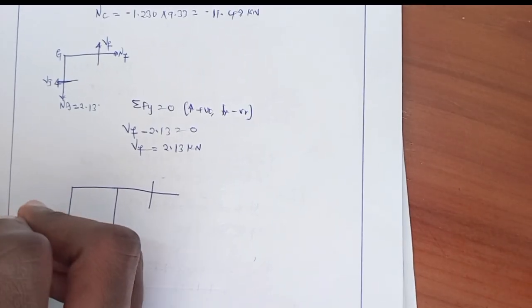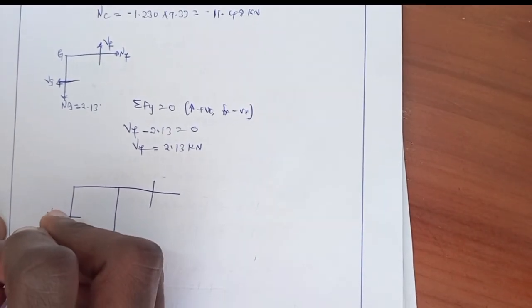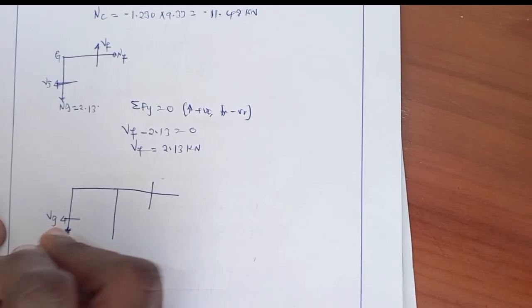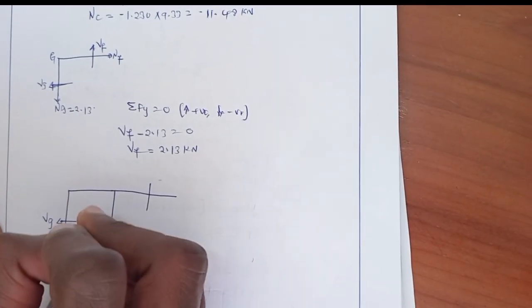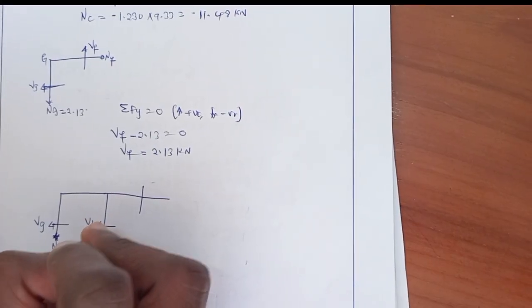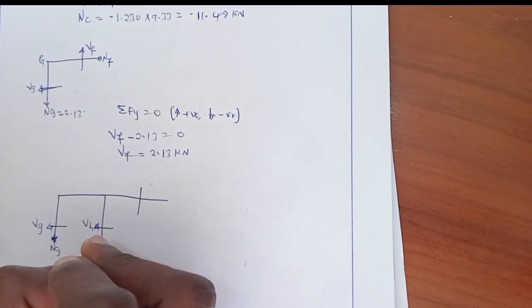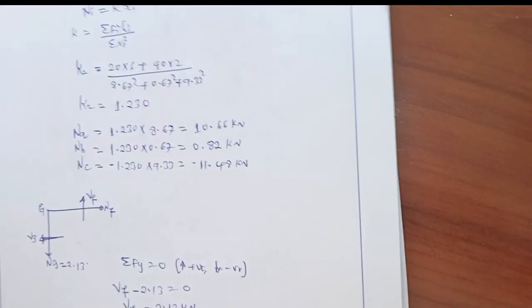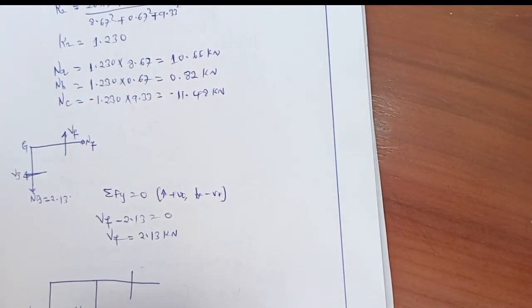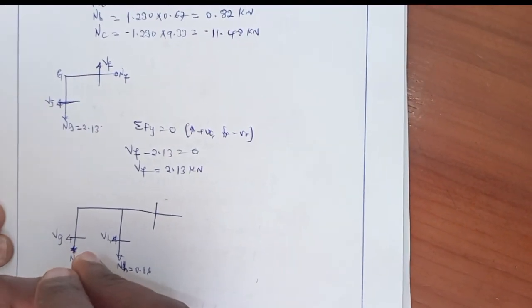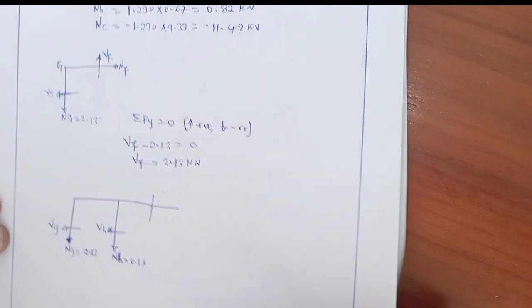This is VG, NG, VH, NH, which is equal to NH was 0.16 and the NG was 2.13 kilonewton.